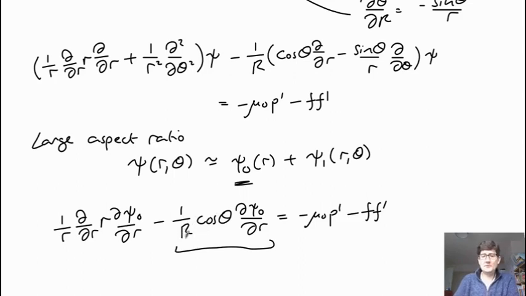So we're assuming that this major radius is large, and these variations with cos theta are small, as this term is small. It implies that there is a correction to this equation, which depends on something like cos theta. So if we want to substitute in a correction term of psi 1 which depends like cos theta, you see this term will end up coupling to it. And so this is essentially coupling between the low order term and the higher order terms.